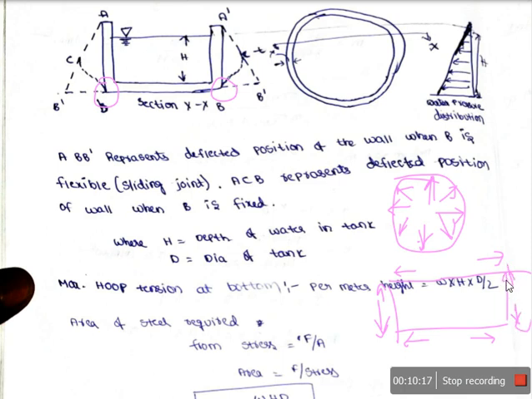Due to this, the joints will be in compression, so it creates a balloon kind of a thing. The best example itself is a balloon.